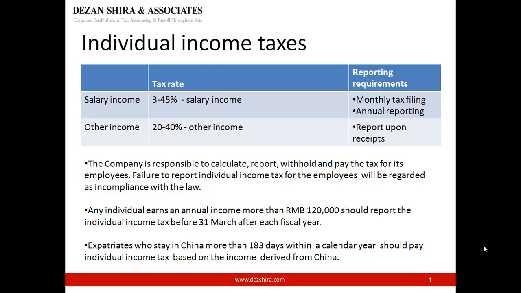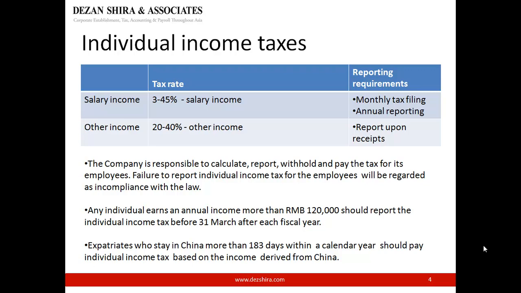In this case, most people don't know how to report this. It is recommended you contact a professional firm and professional accountants. They can help you on this. They can do the filing for you and submit the documents to the tax bureau. If you don't know how to do that, contact the accounting firm. They can help you.